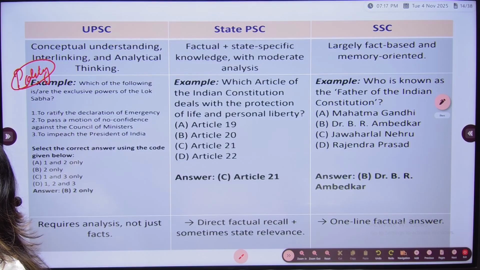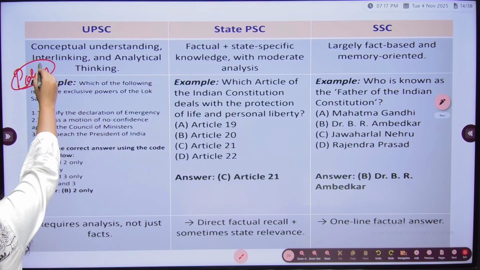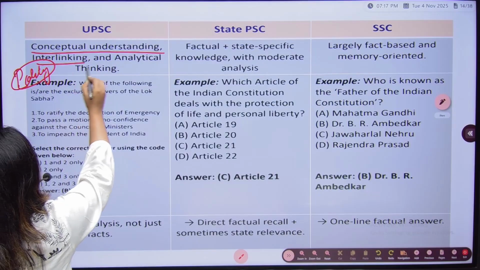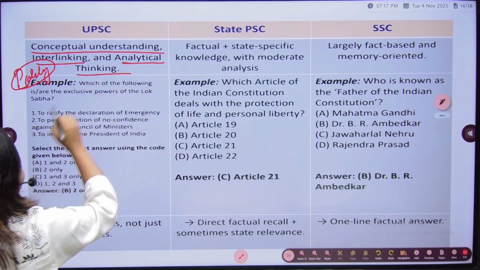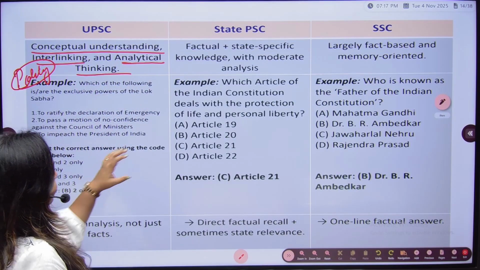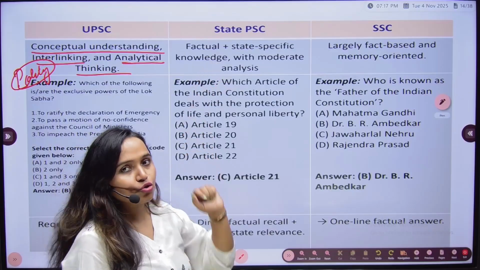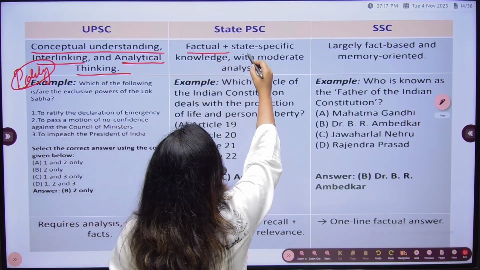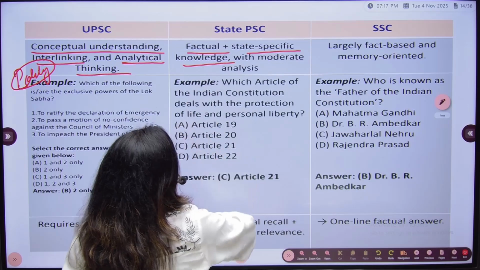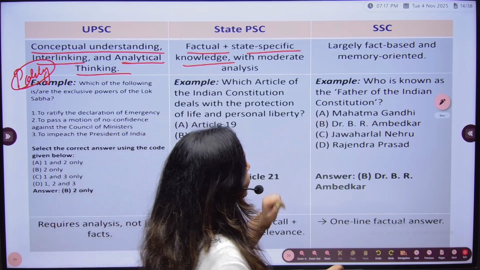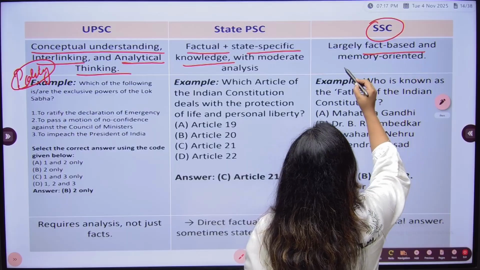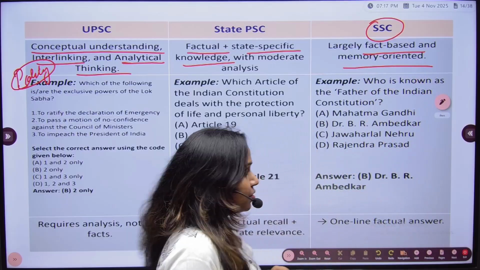When you read this question, you will understand that it focuses on conceptual understanding, interlinking, and analytical thinking. When you read this question, which belongs to the state PCS exam, it is factual and state-specific knowledge. And then the third part is SSC level, which is mainly fact based and memory oriented.